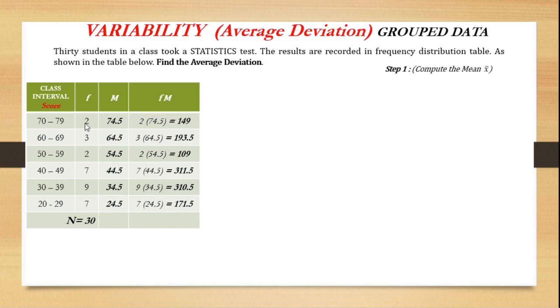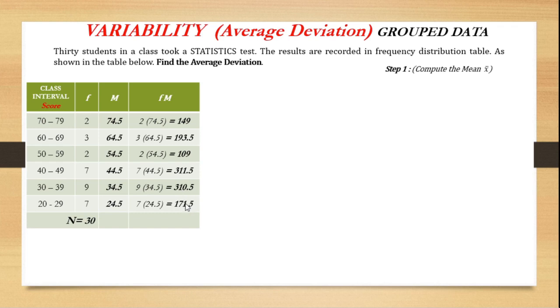If we have 2 times 74.5, we have 149. 3 times 64.5, that is 193.5. 2 times 54.5, that gives us 109. 3 times 44.5, that gives us 311.5. 9 times 34.5, that gives us 310.5. 7 times 24.5, that gives us 171.5.